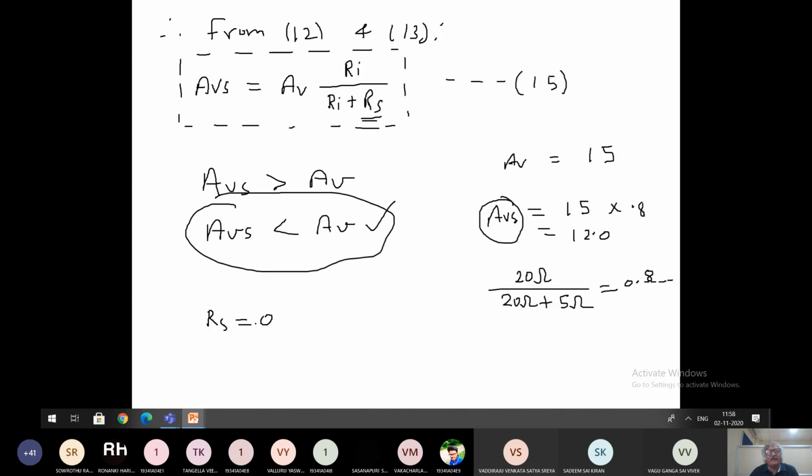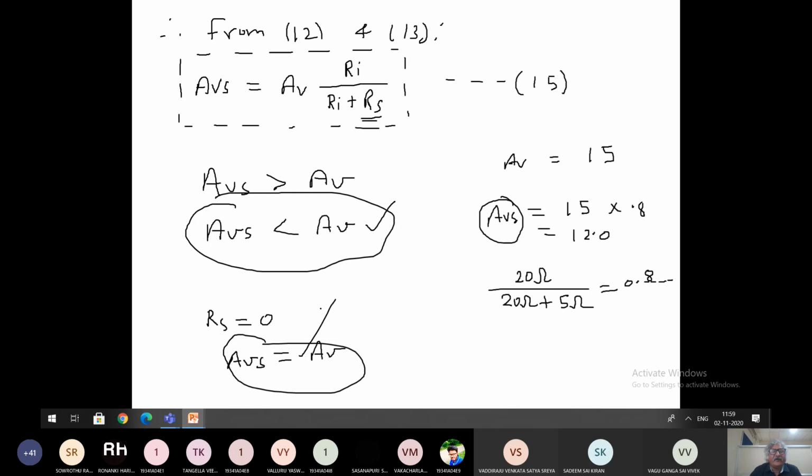If Rs is 0, then overall voltage gain is equal to internal voltage gain, because Ri by Ri will cancel out. So overall voltage gain will increase if the value of Rs is decreased.